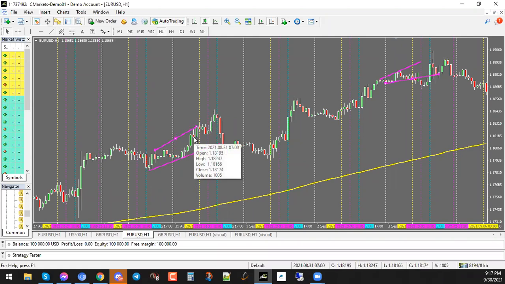And we're connecting it to the next available swing around 12 a.m. Eastern Standard, right? And that didn't happen until the close of the 1 a.m. candle. So we would have to use the 1 a.m. candle close as our next available swing, okay?